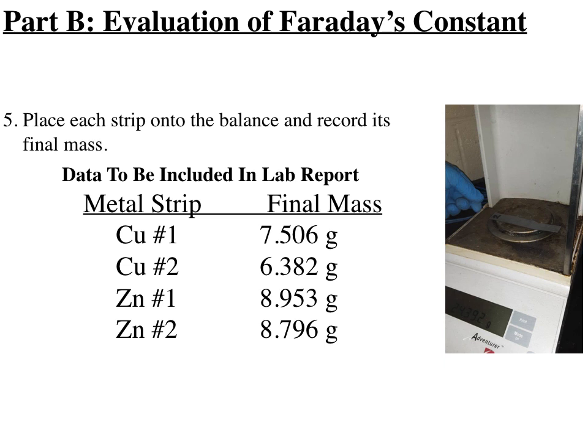What you should note when referring back to their initial weights is that one each of the two types of strips has gained mass during the electrolysis process. One each has lost mass during the running of current through the circuit.